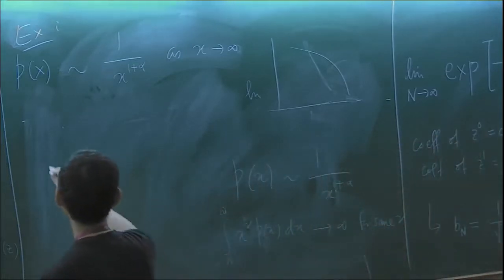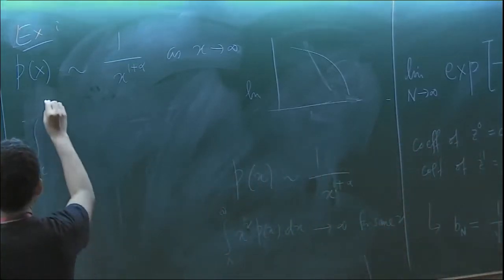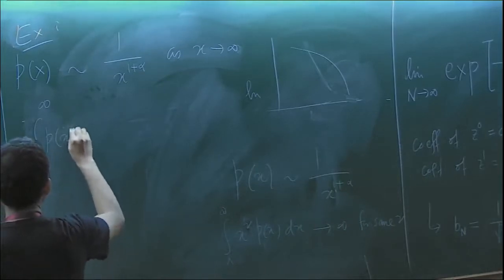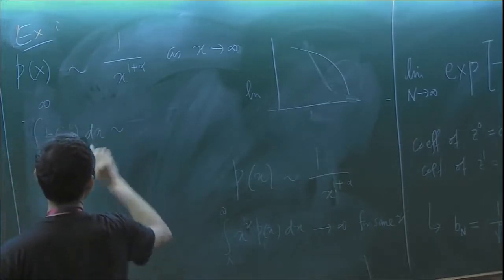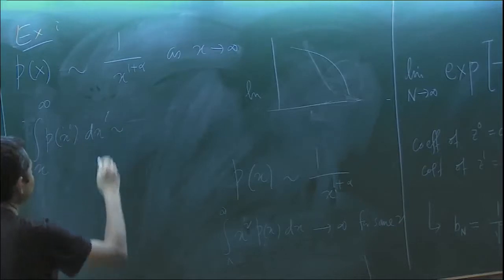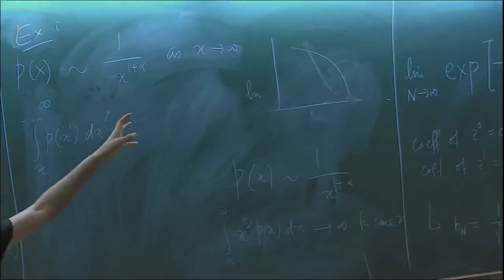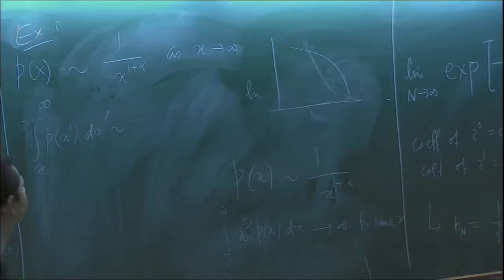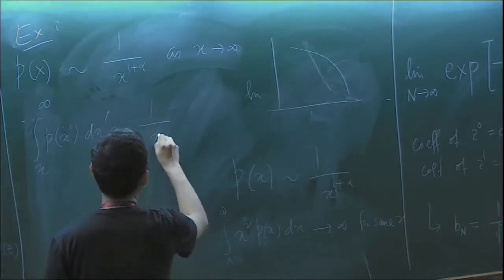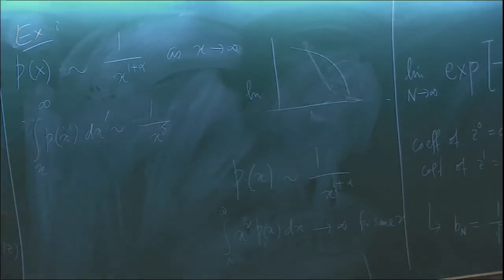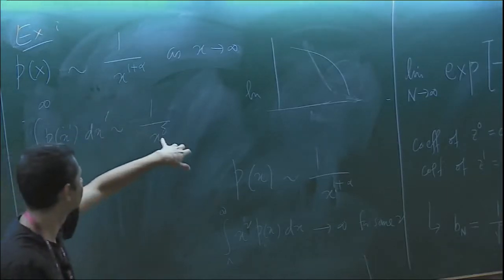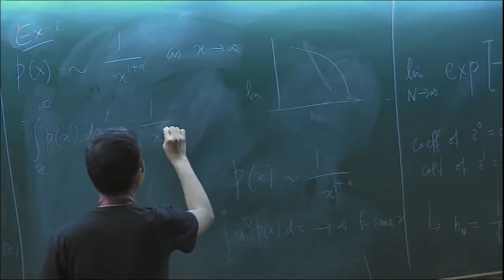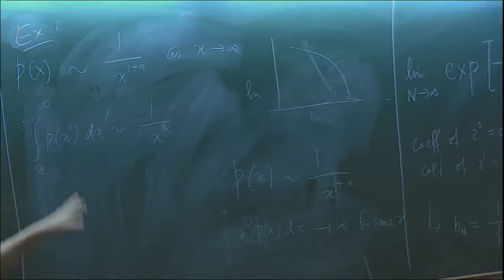So for this one, what do you get? As x goes to infinity, p(x') dx' goes like, if you don't worry about the prefactor, 1 over x to the power delta, right? Because the PDF is just the derivative of this one, so that goes like x to the power alpha, because the PDF gives us one extra term.